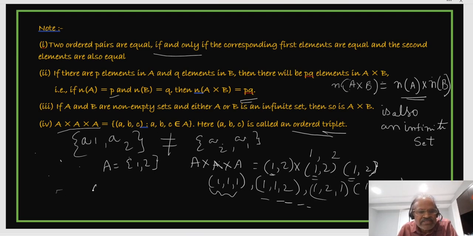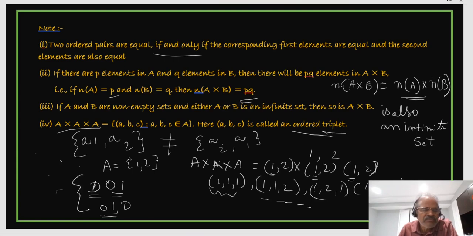Suppose a number plate is there, a Delhi number plate. D01. This is the first element and this is the second element. Normally we accept this. If it is taken as 01 and D, we have reversed the order. Is it valid? This is not the way we give number plates.